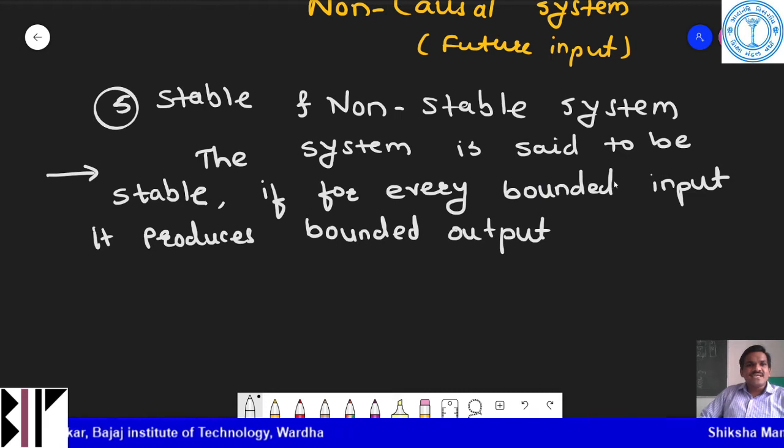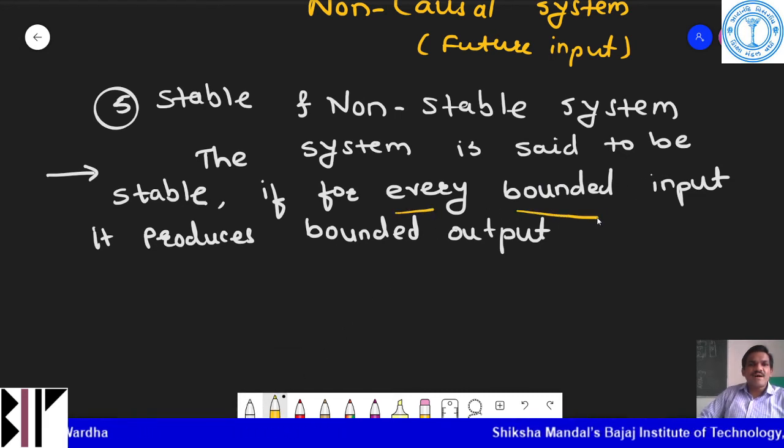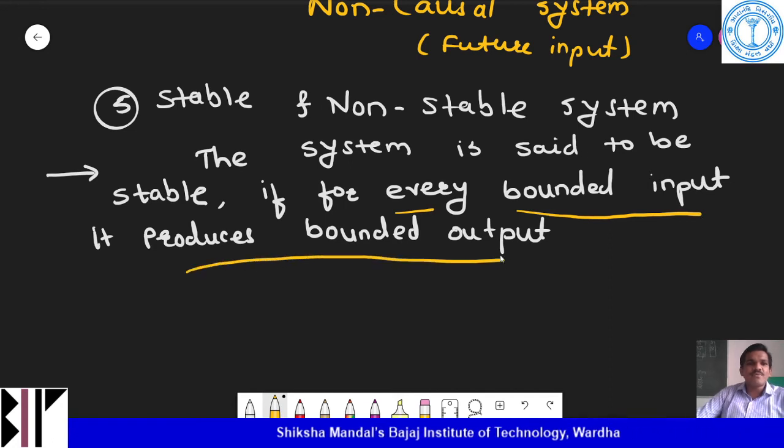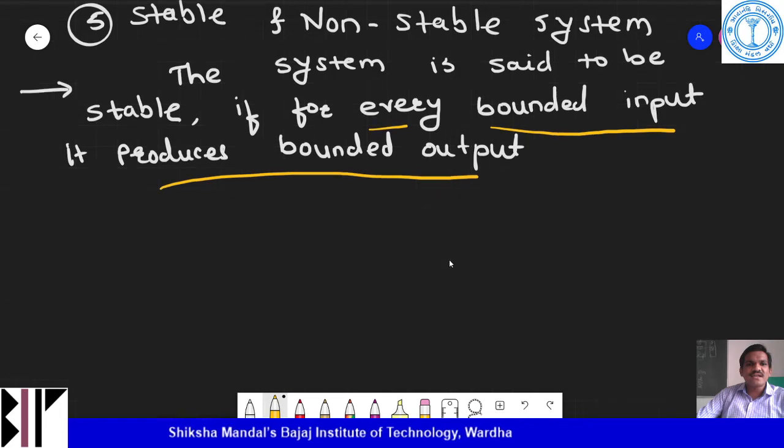The system is said to be a stable system if for every bounded input, it produces a bounded output. Now what is the meaning of that? Let us see.